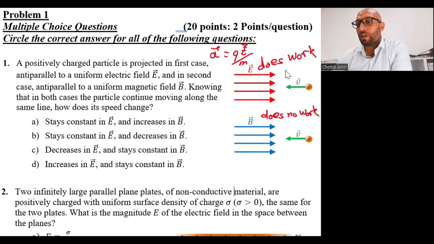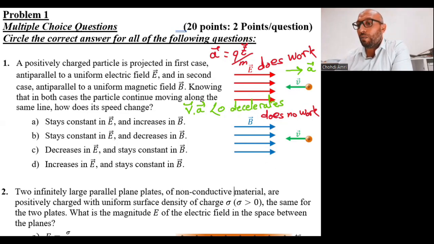From general physics one, you know that if the dot product between the acceleration and the velocity is negative, the particle is decelerating. So the speed of the particle decreases when it is projected anti-parallel to the electric field and the charge of the particle is positive.